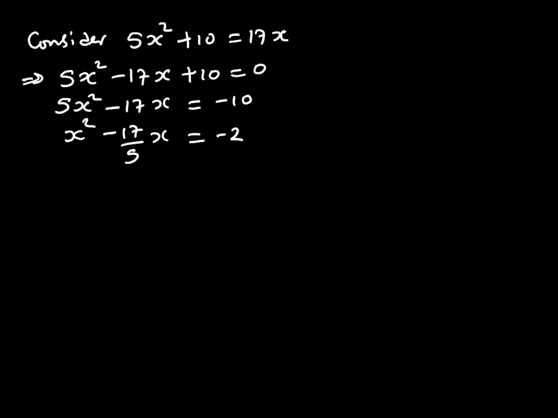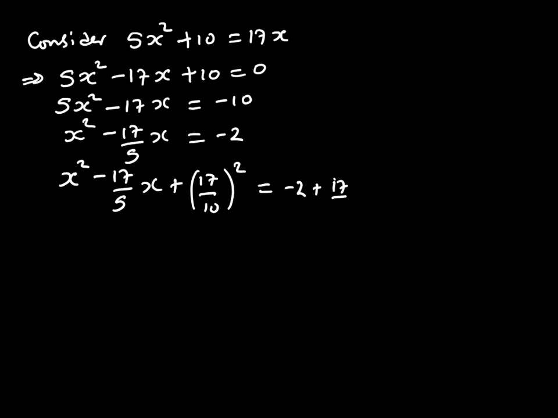So we have x squared minus 17 over 5 of x plus (17 over 10) squared is equal to negative 2 plus (17 over 10) squared.